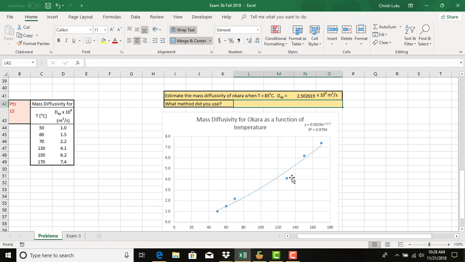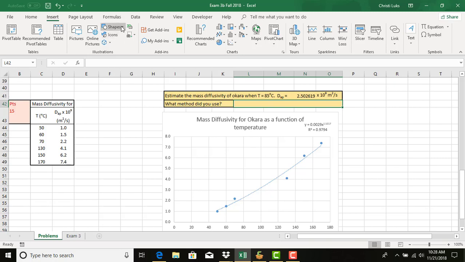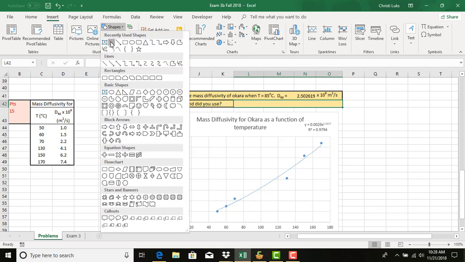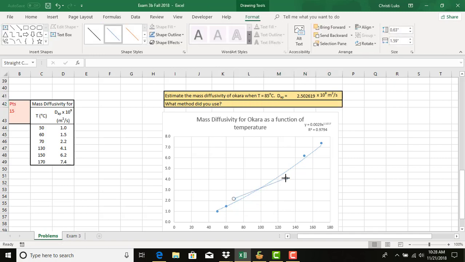If I look at the 2 points that are closest, and let me just play with this a little bit, I'm going to add a line here that is going to just connect these 2 points directly. These are way out of line slope-wise from all of the other points. Okay?